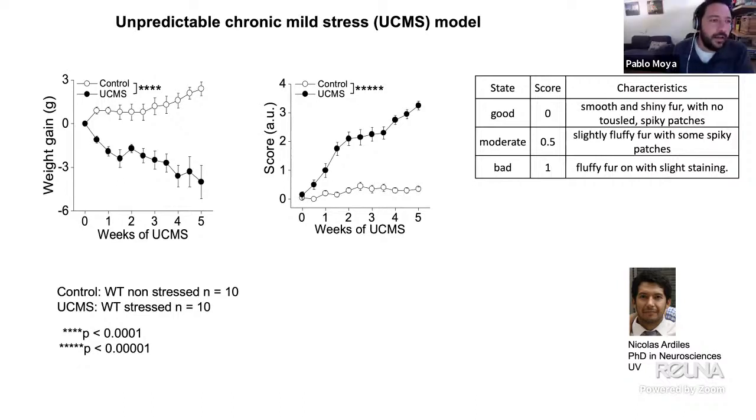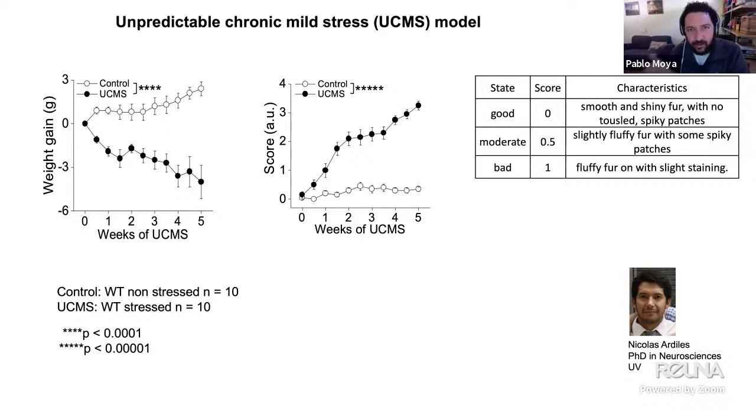Okay, excellent. So in wild-type mice that undergo the UCMS, you observe that over the protocol, there is a dramatic reduction in the weight gain compared to control mice, and in addition the fur deteriorates dramatically.